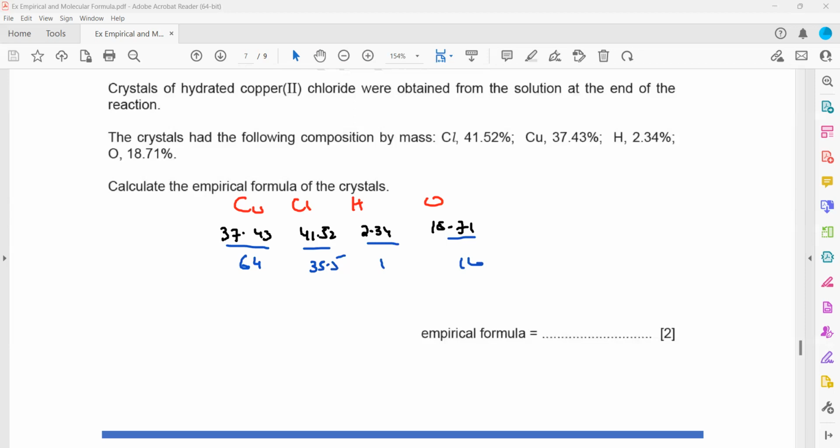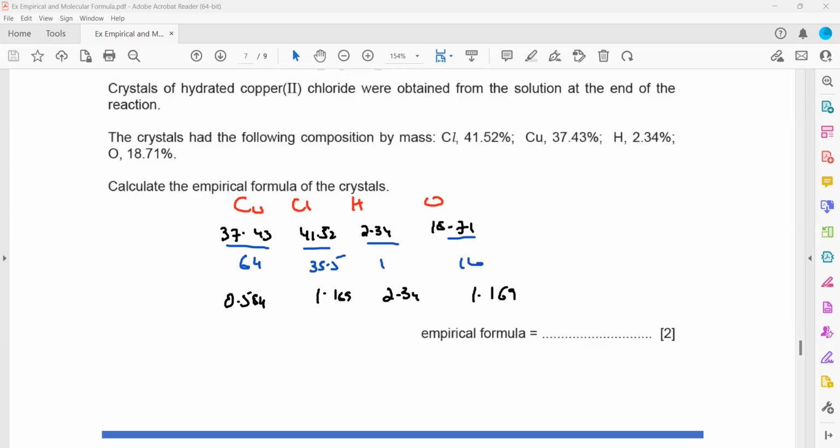So 37 divided by 64, that is 0.584. 41.52 divided by 35.5 is 1.169. This will remain the same. And 18.71 divided by 16, so about 1.169, I guess.